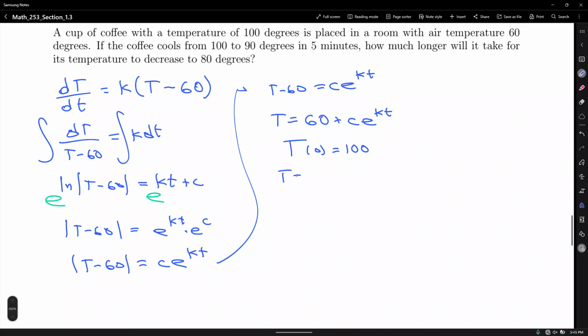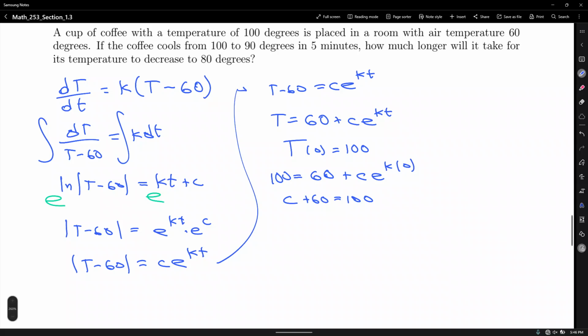So 100 equals 60 plus C e to the k times 0. K times 0 is 0, e to the 0 is still 1, and 1 times C is C. So C plus 60 equals 100. I'm just reversing the order of the equation.